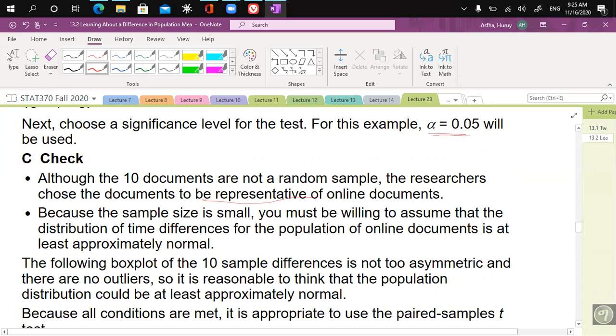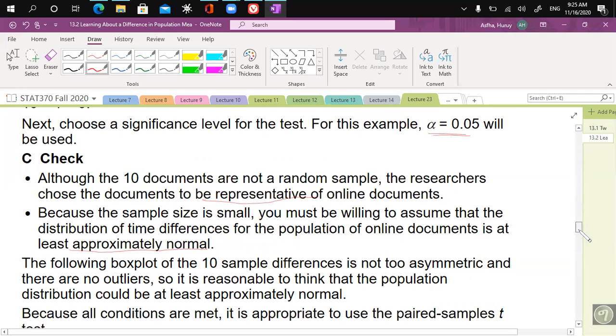The sample size is small, so we need to check the normality, whether it's approximately normal or violates the normality assumption. To violate this condition, the graph has to be very skewed, or we need to see some outliers.